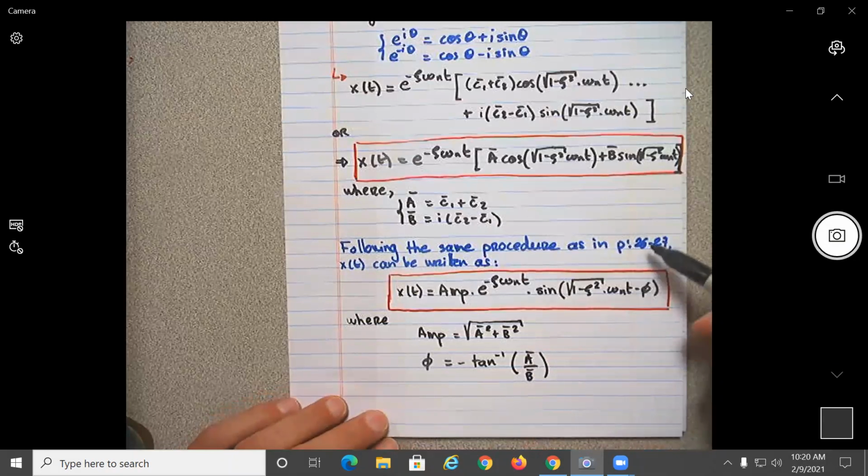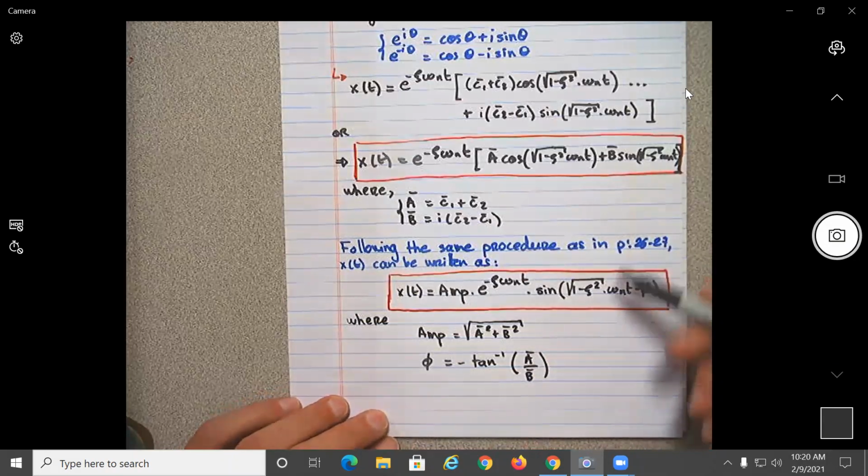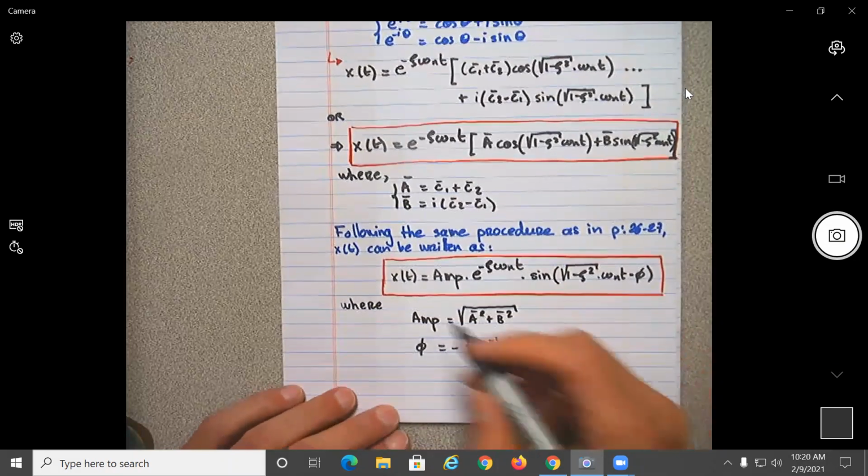All this is on pages 26, 27; we did the derivation.